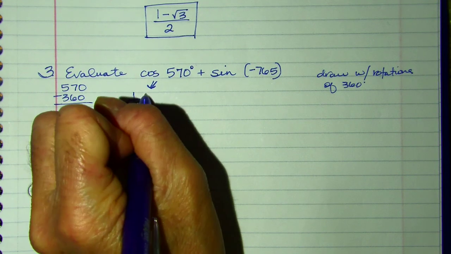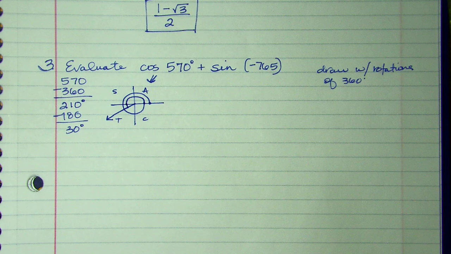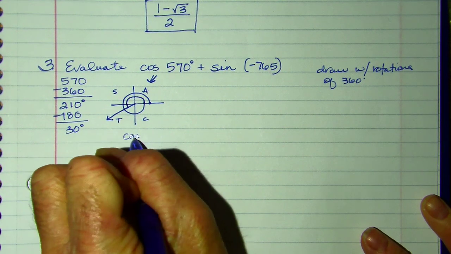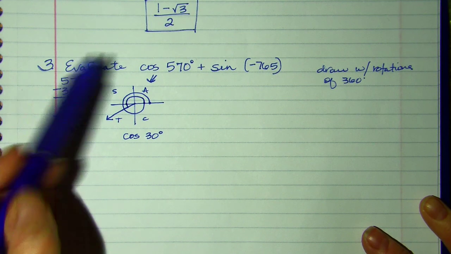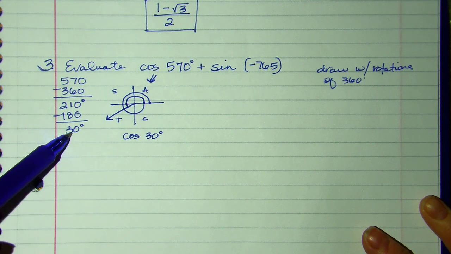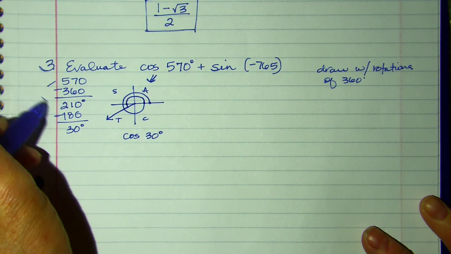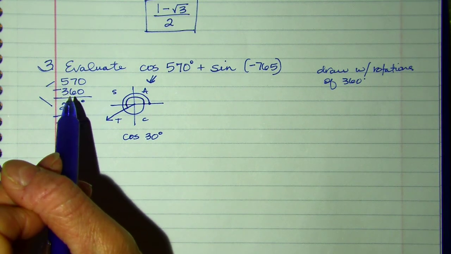Now, all students take calculus. I know that I'm in quadrant 3, and I'm actually going to be evaluating the cosine of 30 degrees. So 570 and 210, I would say that these 570 and 210 are coterminal because they are 360 degrees apart.